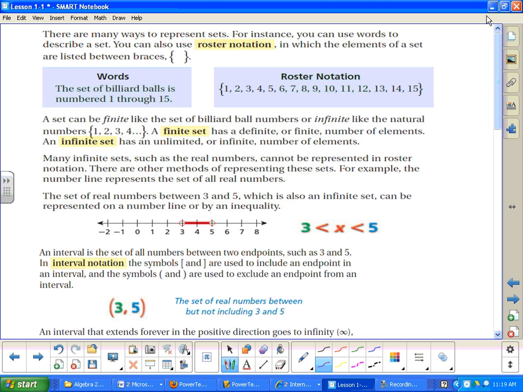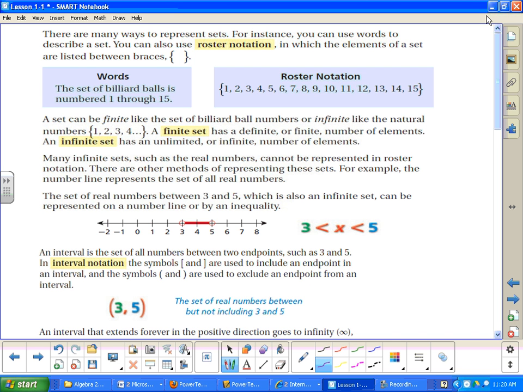Okay, now, the next two things we're going to look at are notations, ways of expressing sets of numbers. One of the ways to express sets of numbers is called roster notation. With roster notation, we use braces and we list all of the elements separated by commas inside the braces.